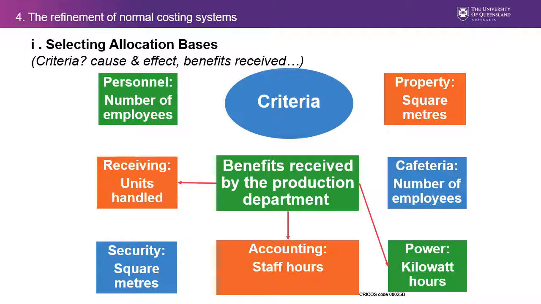So it could be anything. It could be the number of personnel in your production department, or, if it's a security support department, it might be based on the square meters in your production department as opposed to another production department, etc. So these are just examples of the types of allocation bases, but you would choose based on your criteria, the most accurate of which is a cause and effect relationship.